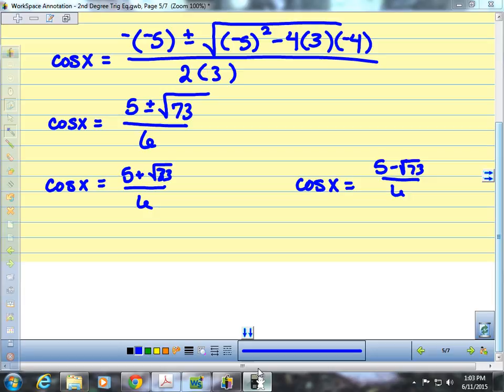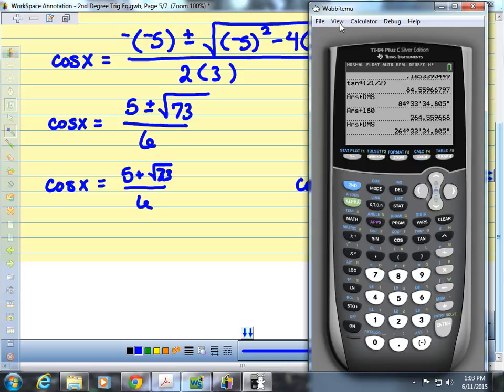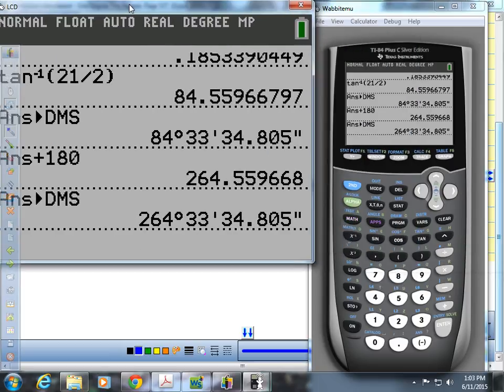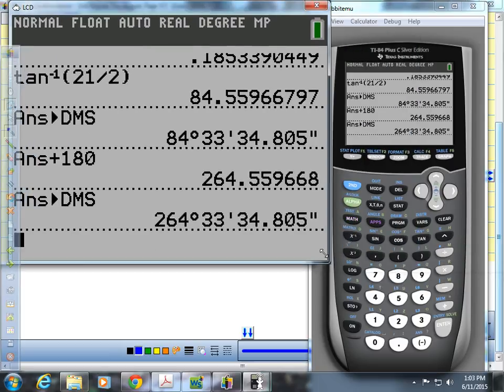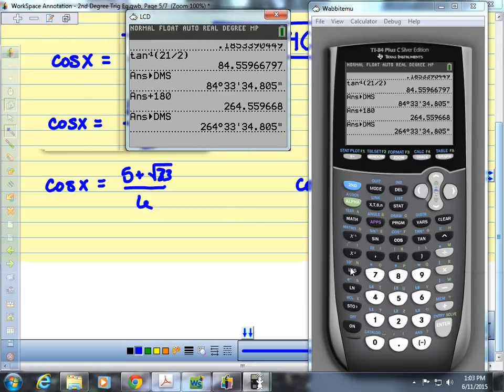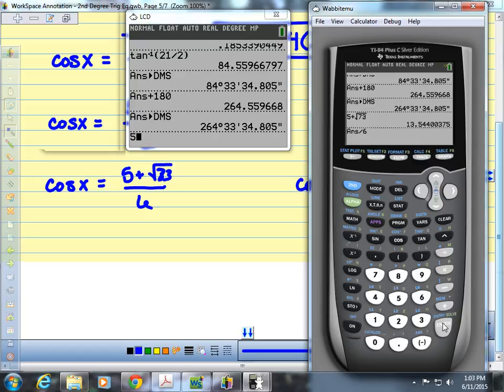Now, before I can do the inverse cosine, I've got to know what that actual value is. So let's go and compute it. So 5 plus the square root of 73 is that, divided by 6 is that.